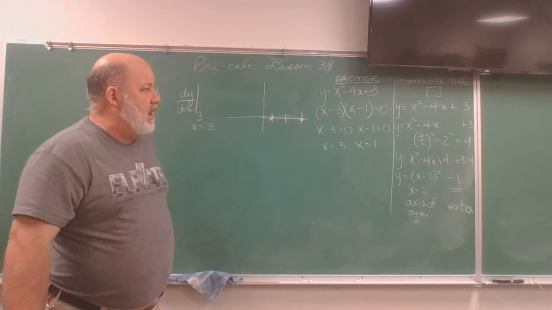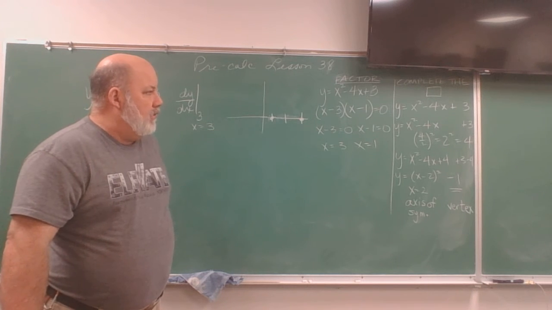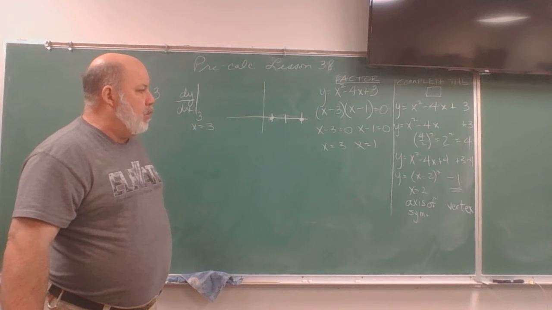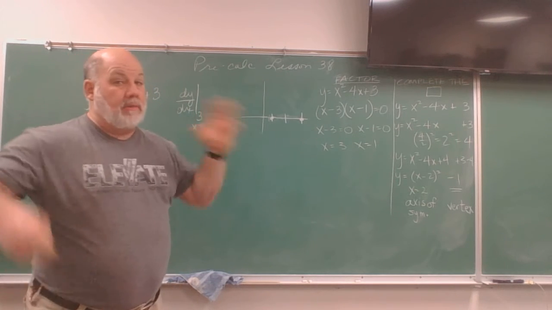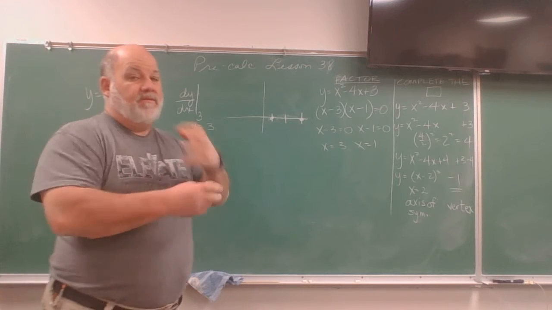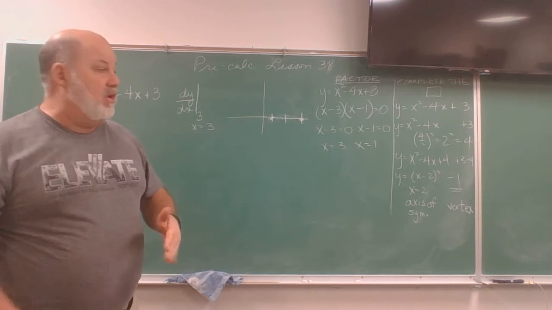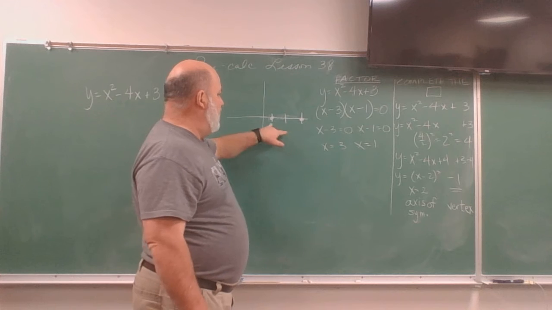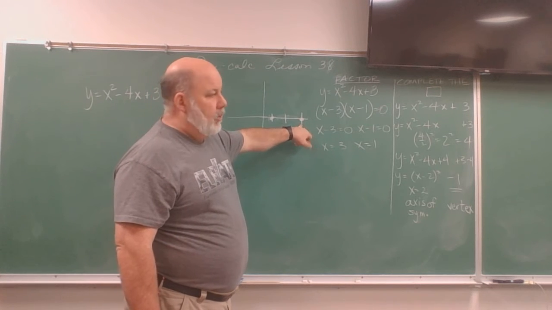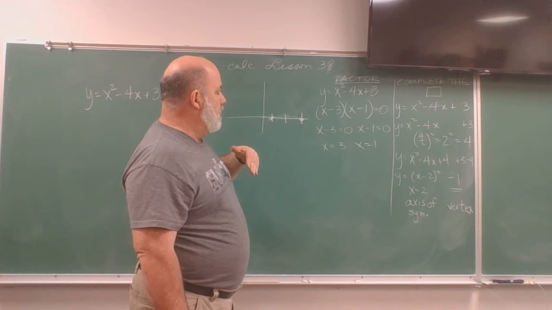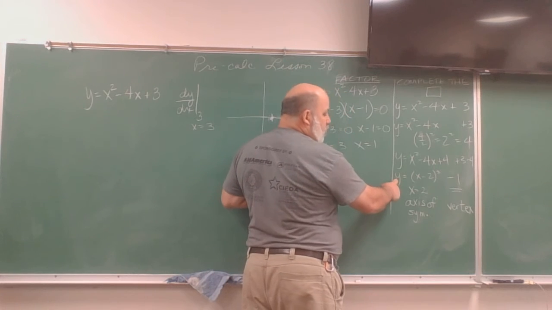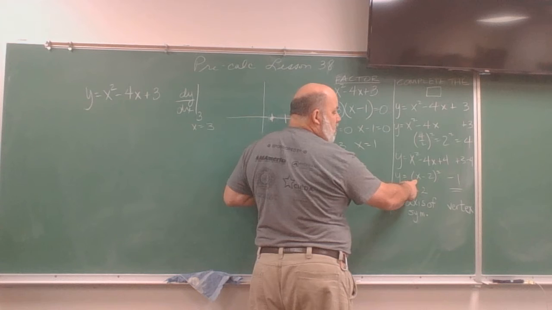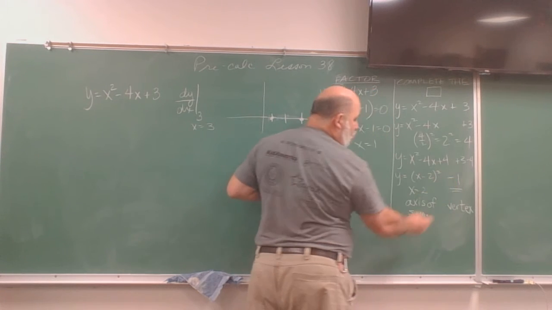Over to the far right, I've completed the square with this. You remember that when we complete the square, it gives us new information. As I've always told you, anytime you rearrange an equation and solve for different things, it gives you new information. When we factored it, it gave us our zeros, where it crosses the x-axis. When I complete the square, I get this equation, y equals x minus 2 quantity squared minus 1.